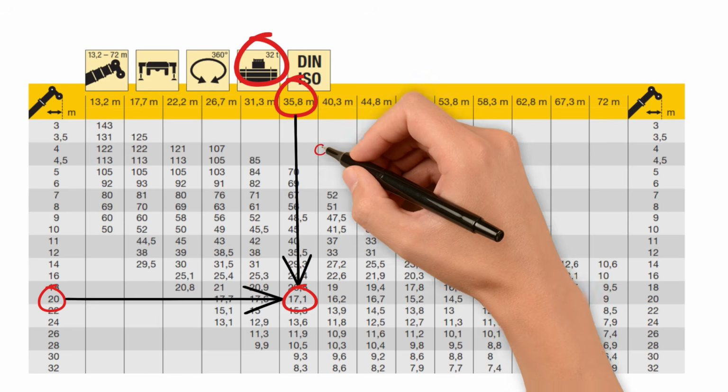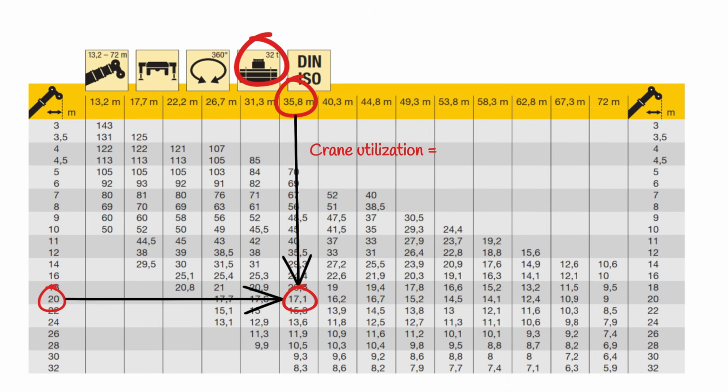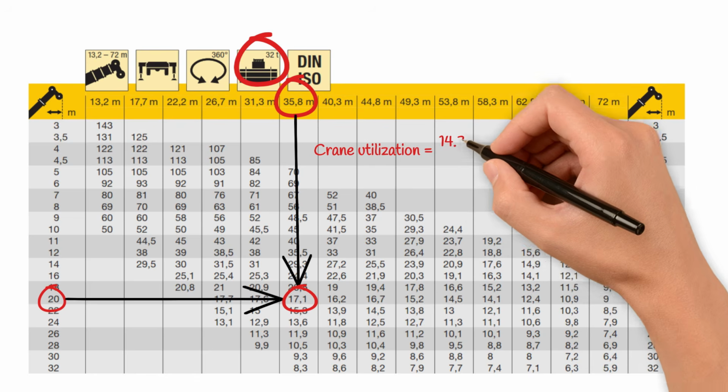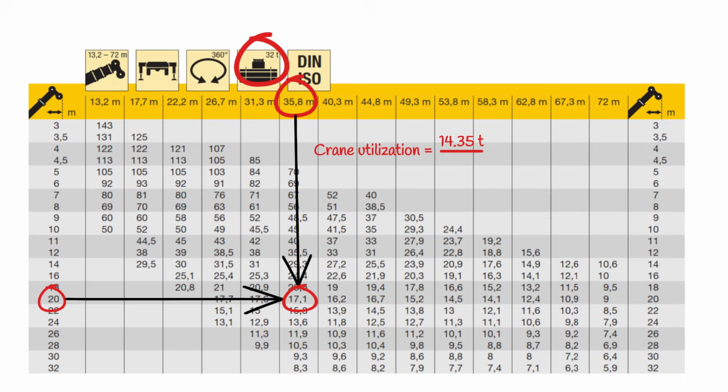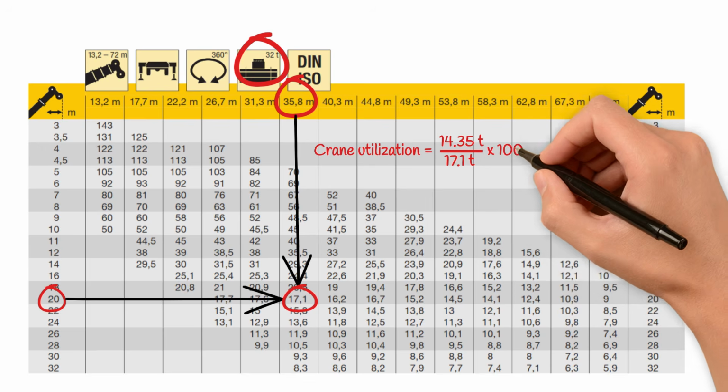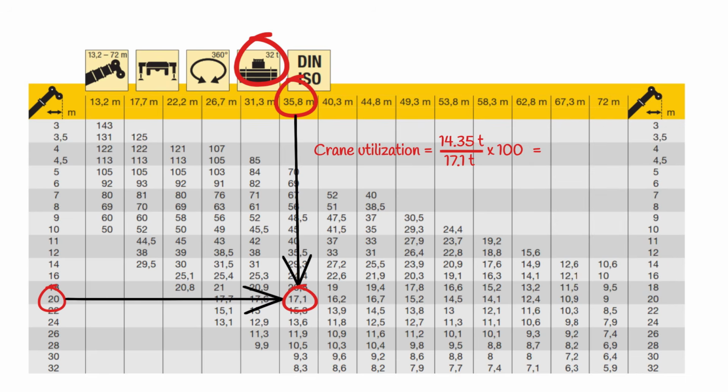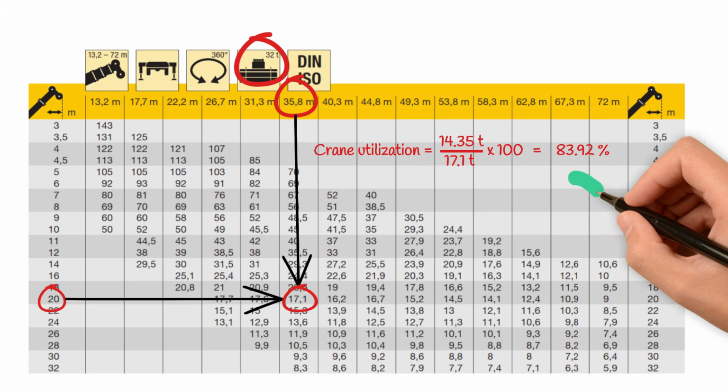Now let's calculate the crane utilization. We divide 14.35 by 17.1, then multiply by 100. This gives 83.92%. Excellent!